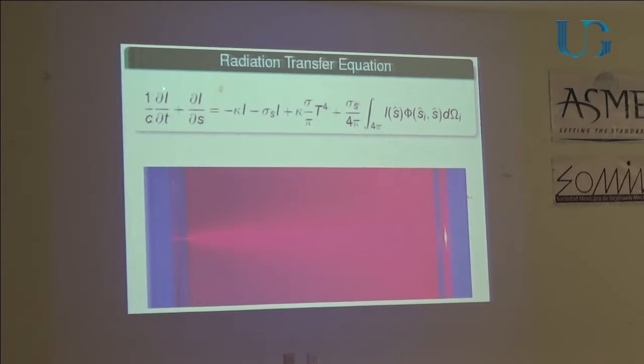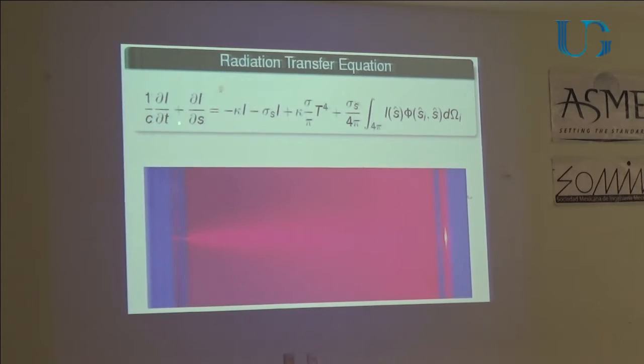Obviously, we would have to consider what happens to the intensity of the light beam in time, but since this has a coefficient that goes like the inverse of the velocity of light, normally we can neglect it.